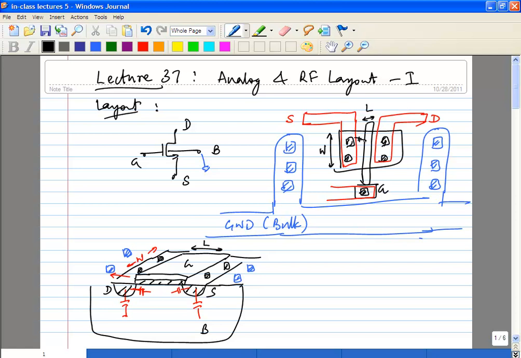They didn't set the switch properly, and then you get a completely crazy result. You do your LPE simulation, it looks fine, but you get back your chip and your gain is maybe 6 dB lower, half the gain. Things like that have happened, so be very careful about this.